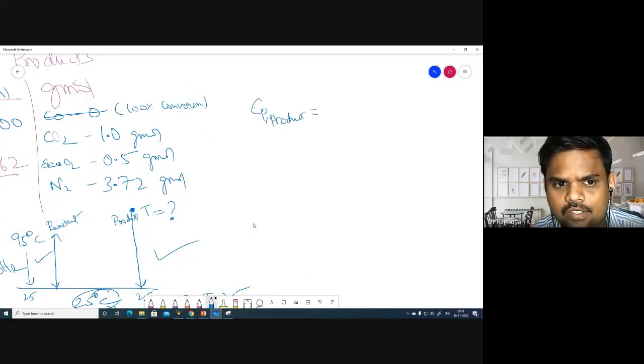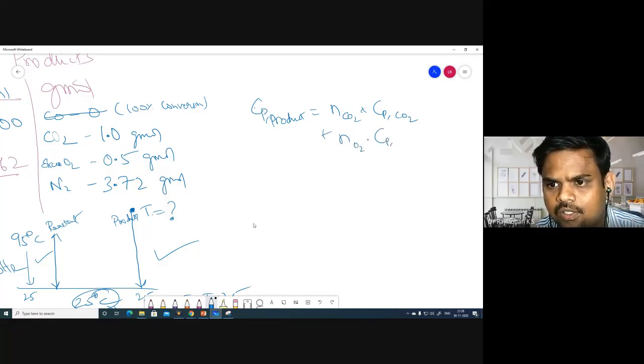Cp of the product is equal to number of moles of CO2 into Cp of CO2, plus number of moles of oxygen into Cp of oxygen, here we are not doing it in air because the quantity is not in proportion of air, plus number of moles of nitrogen into Cp of nitrogen.